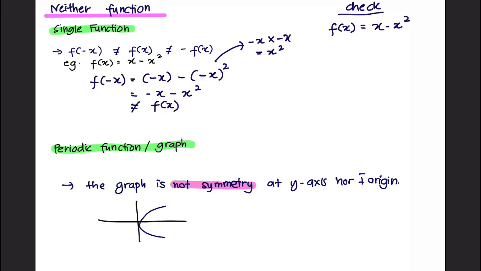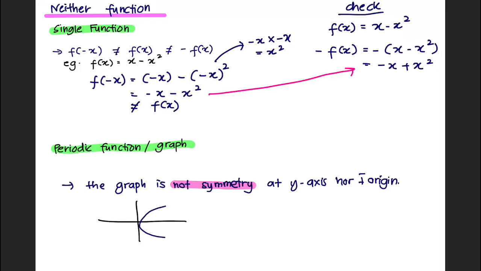Then compare with -f(x). -f(x) equal to -x minus x squared, equal to -x plus x squared. Then you compare. They are not the same, so not equal to -f(x). So this function is a neither function.